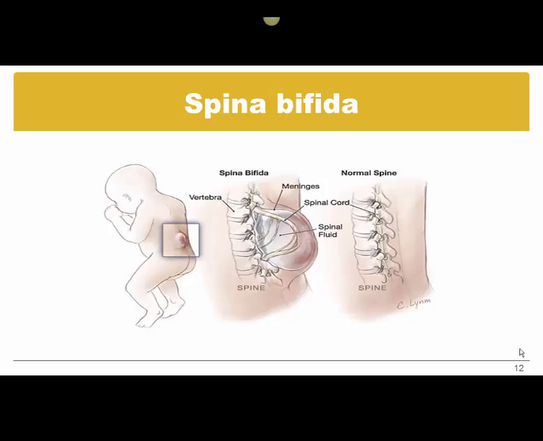So normally during the first months of the pregnancy, the 2 sides of the spine, here we have a normal one, or the backbone, join together to cover the spinal cord, the spinal nerves, and the meninges here.